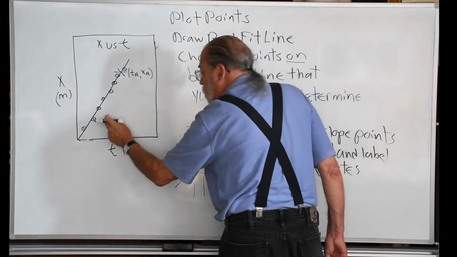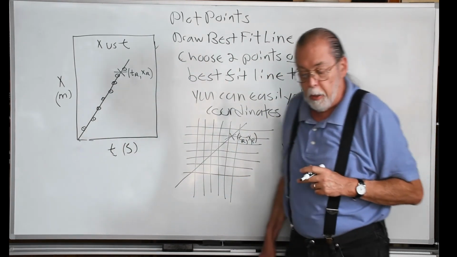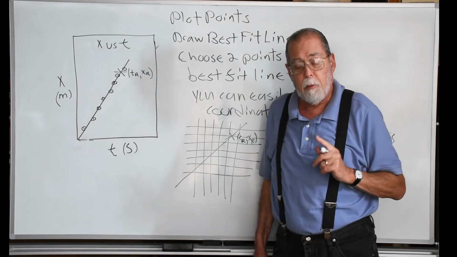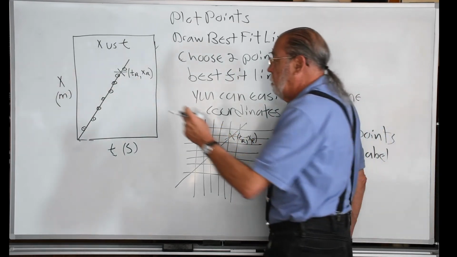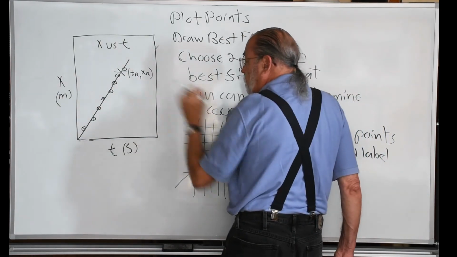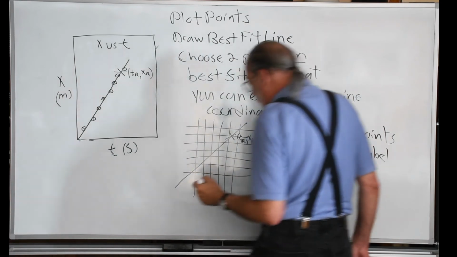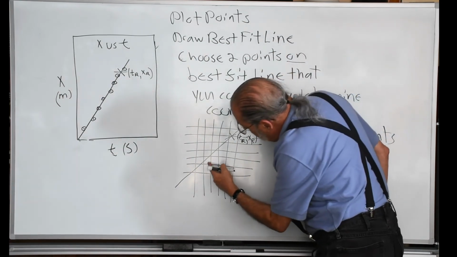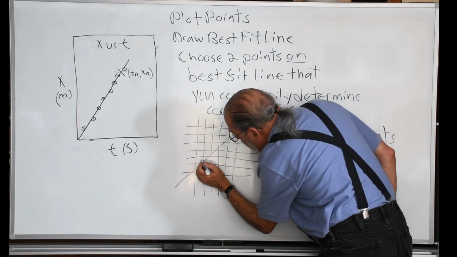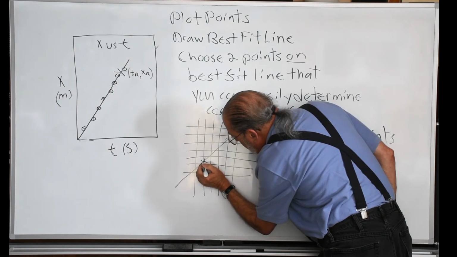Do not label the coordinates of all the other points. Just the slope point. Maybe down here I find one, looks like this one.